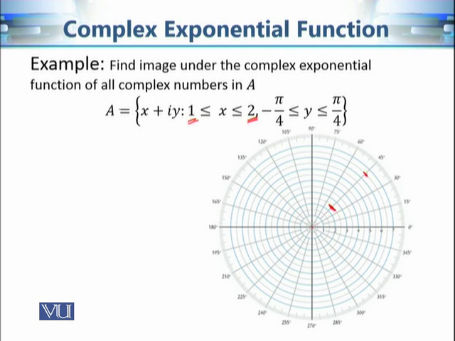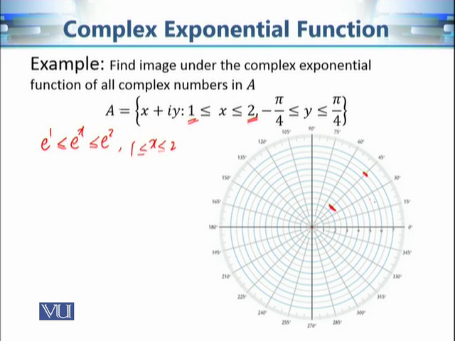The output of 1 is e and the output of 2 is e squared. So whatever the output is, it is going to be between these 2 points, for the very simple reason that e raised to power 1 is less than or equal to e raised to power x, which is less than or equal to e squared, whenever x lies between 1 and 2.